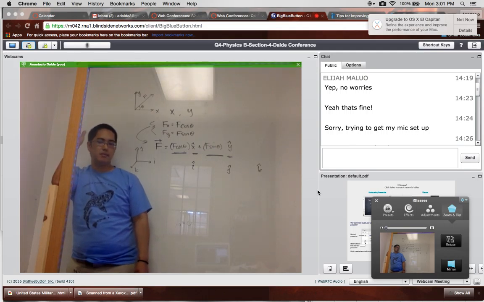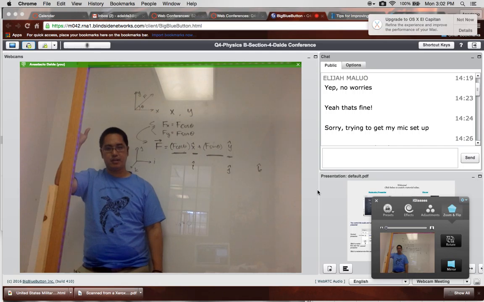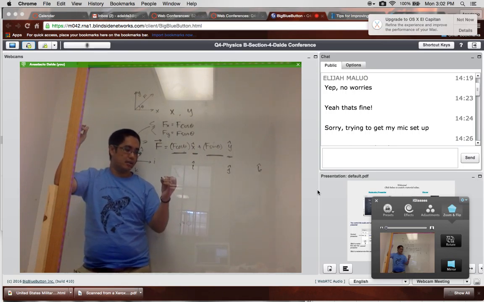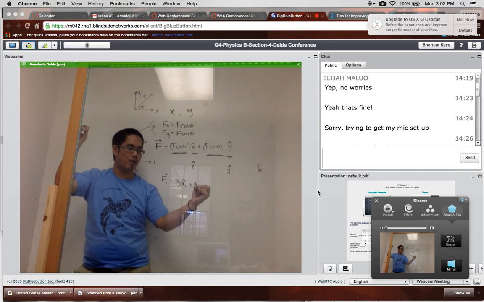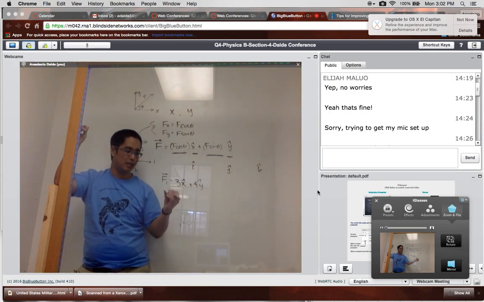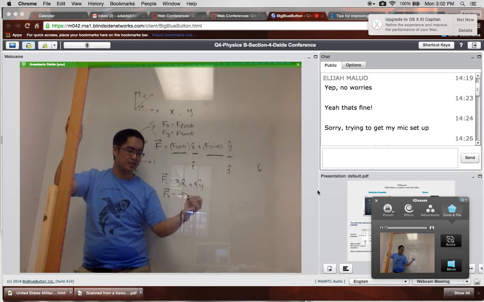So let me give you an example of how we would do something like this. Like, let's say my force 1 is equal to 3x hat plus 4y hat. And my F2, I have two forces, and this one's equal to negative 5x hat plus 7y hat.